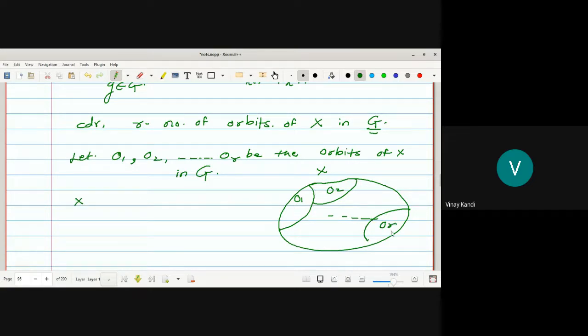All the orbits are disjoint, you know that. So X is equal to the union, i running from 1 to R, of Oi. Whether disjoint or not makes no difference, because we take the union, so even a double entry is counted only once. Any doubt? So X is equal to union i from 1 to R of Oi, that is O1 union O2 union up to Oi.